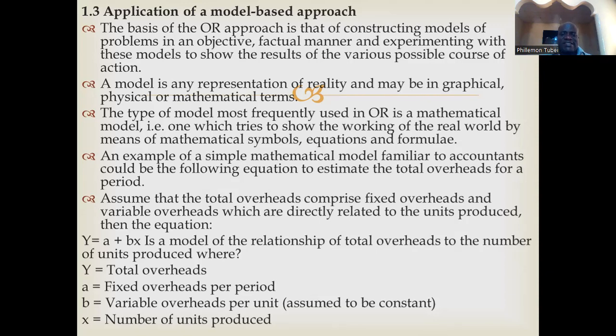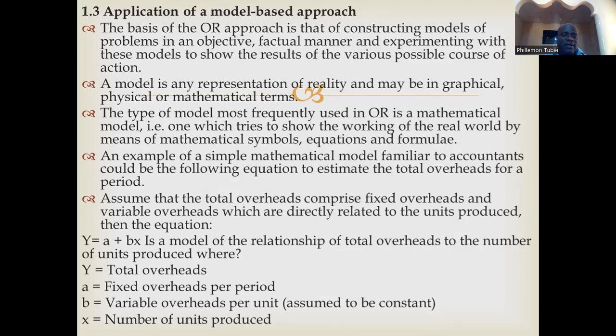So an example of a simple mathematical model familiar to accountants could be the following equation to estimate the total overheads for a period of time. For example, we would use a linear equation.